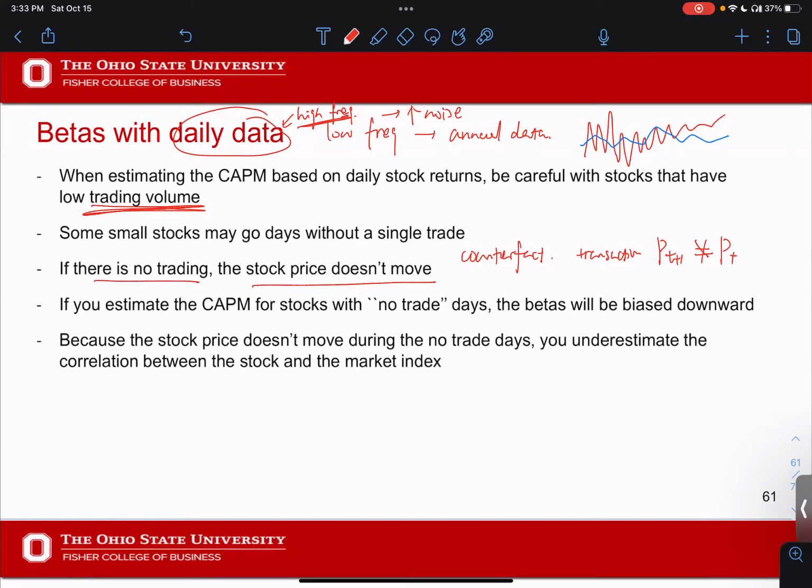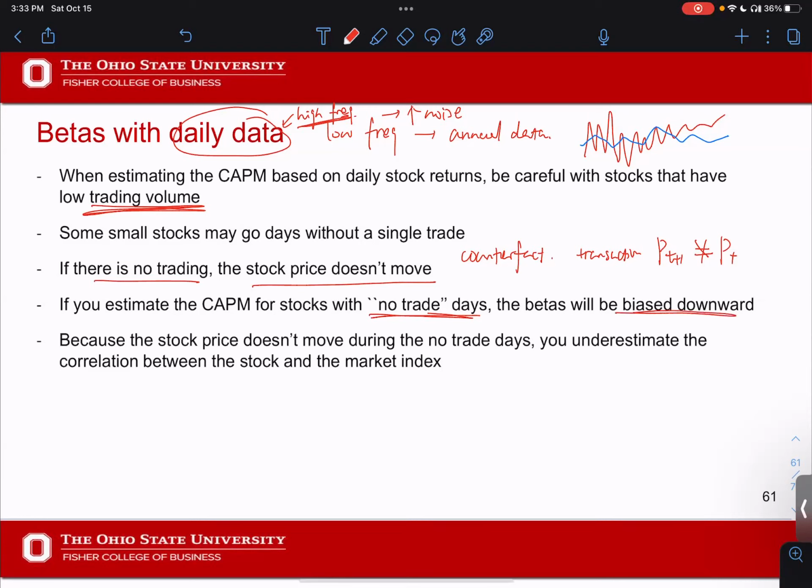So if you use the CAPM for stocks with many no-trade days, where the price does not move because of no trading, then during those days the stock return will be 0 all the time.